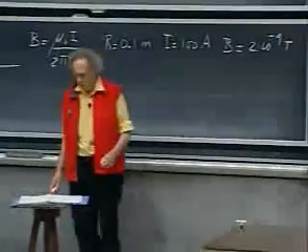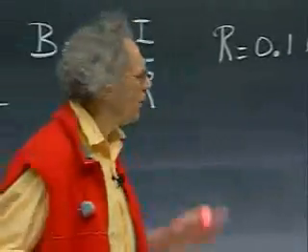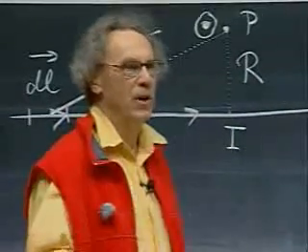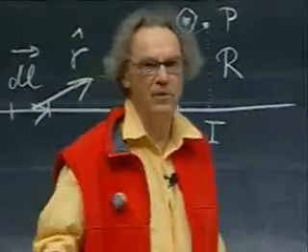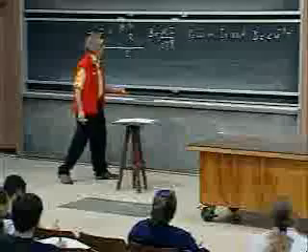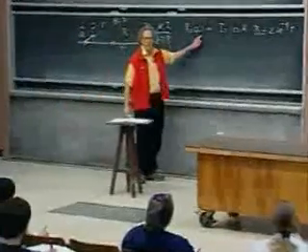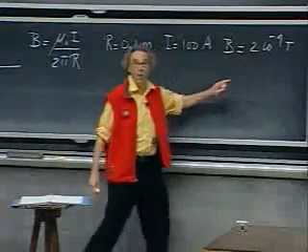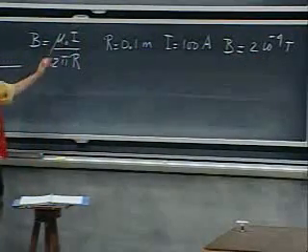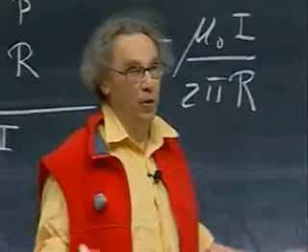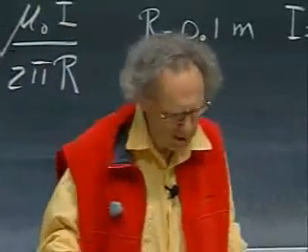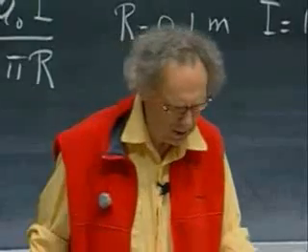That is about 2 Gauss. 100 amperes, a 10 centimeter distance, is only 2 Gauss. Think about it, the Earth's magnetic field is half a Gauss. So if you go 1 meter away from the wire, you have a magnetic field which is 10 times lower, because it goes with 1 over r, and then the magnetic field of the Earth already dominates substantially. So you need very high currents, actually, when you do these experiments.